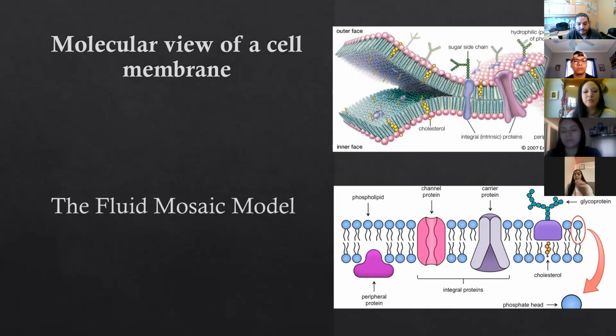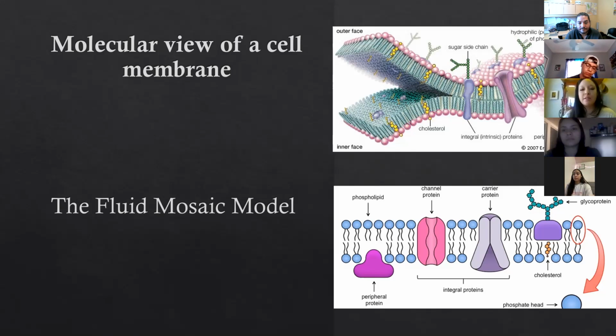And 2 examples of that would be oxygen and carbon dioxide. The reason for that is because they are small nonpolar molecules and they can easily be diffused in and out of the cell. So I'm going to discuss the phospholipid.